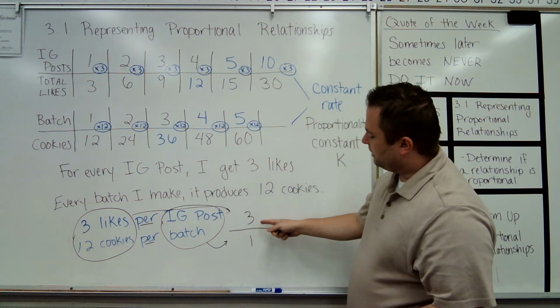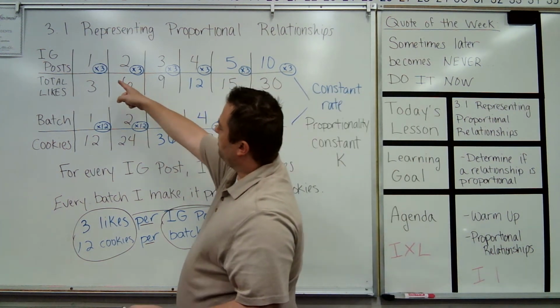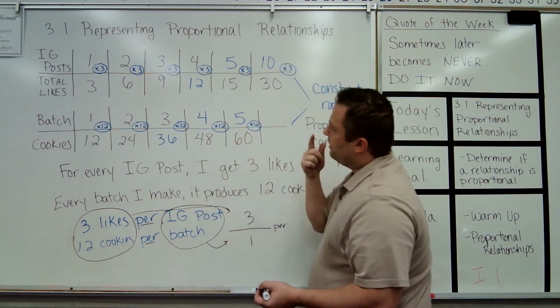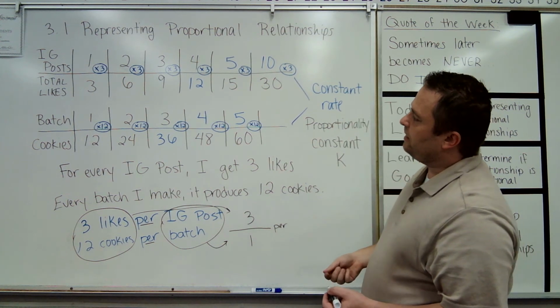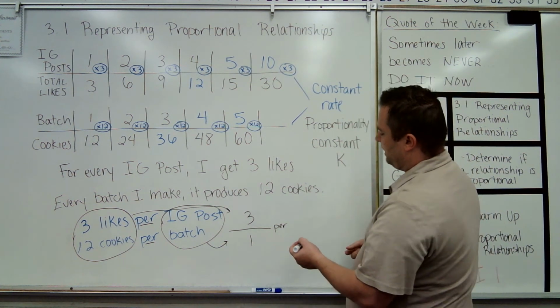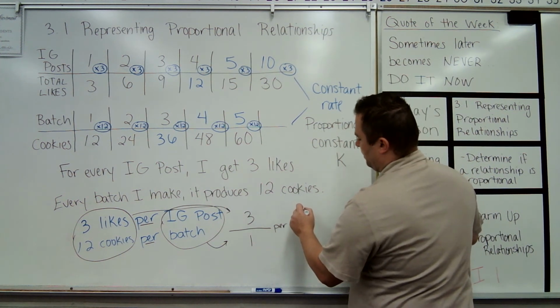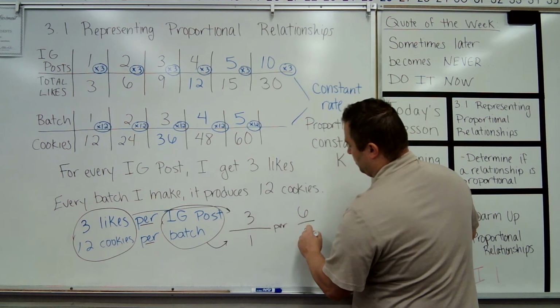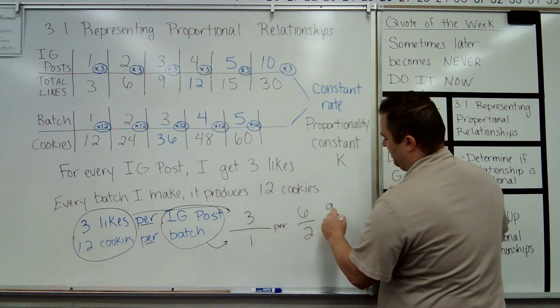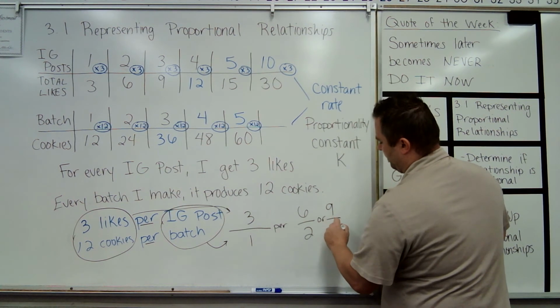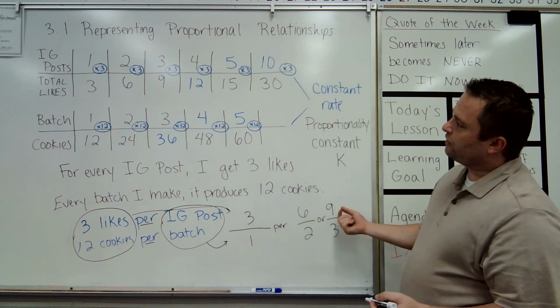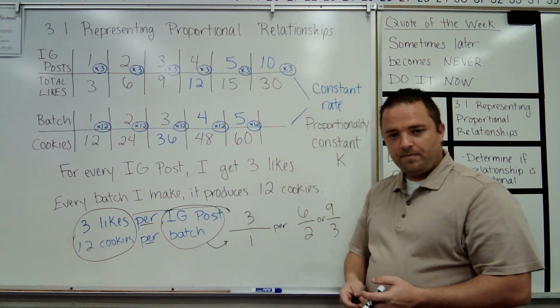My proportionality constant is 3 divided by 1, which is 3. That's what this is. And it goes true for any of them in the table. So for example, I could have also used 6 and 2, or 9 and 3. If you notice, all of these fractions reduce down to 3.